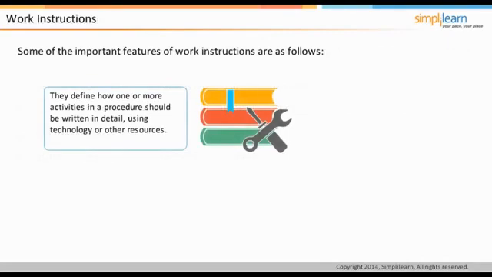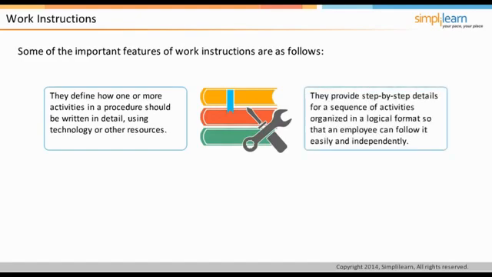Work instructions define how one or more activities involved in a procedure should be written in a detailed manner with the aid of technology or other resources like flowcharts. They provide step-by-step details for a sequence of activities organized in a logical format so that an employee can follow it easily and independently.